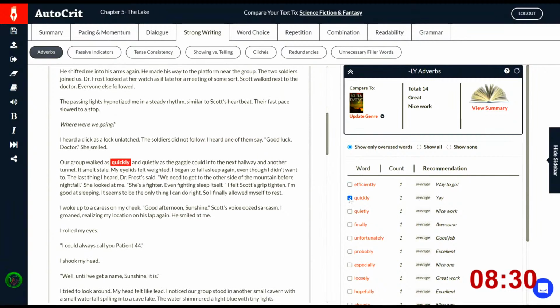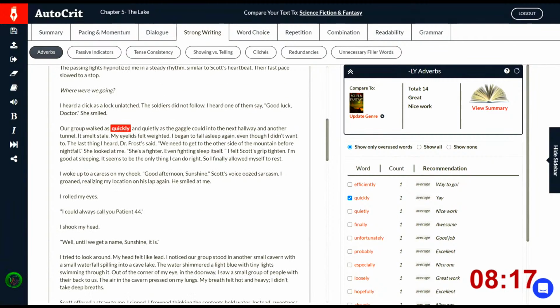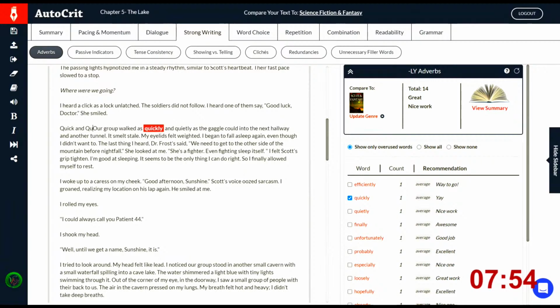All right, let's see what else we have. "Our group walked as quickly and quietly as a gaggle could." So quickly and quietly. Let's see. Quick and quiet.